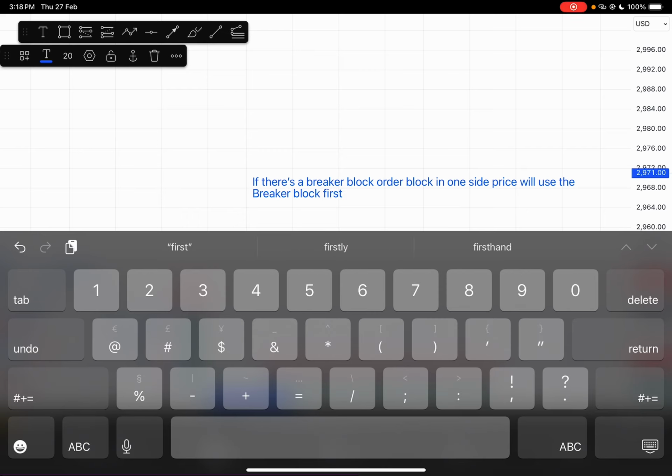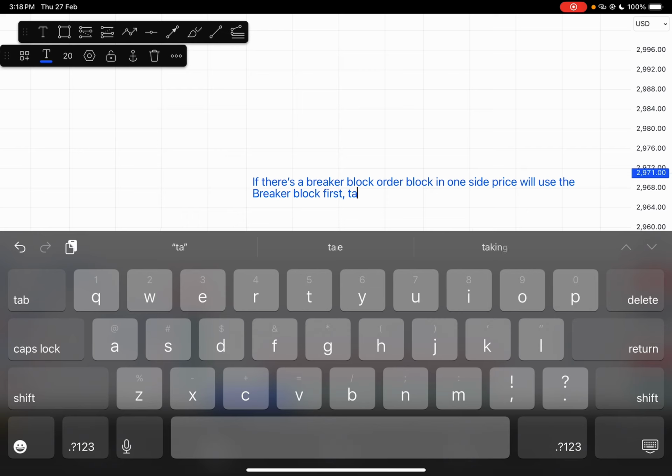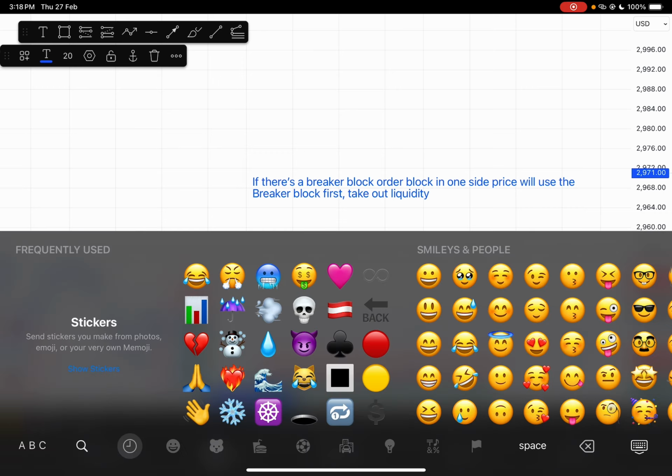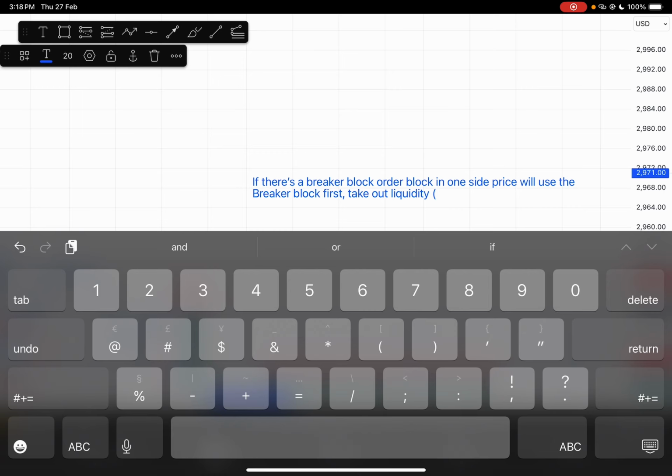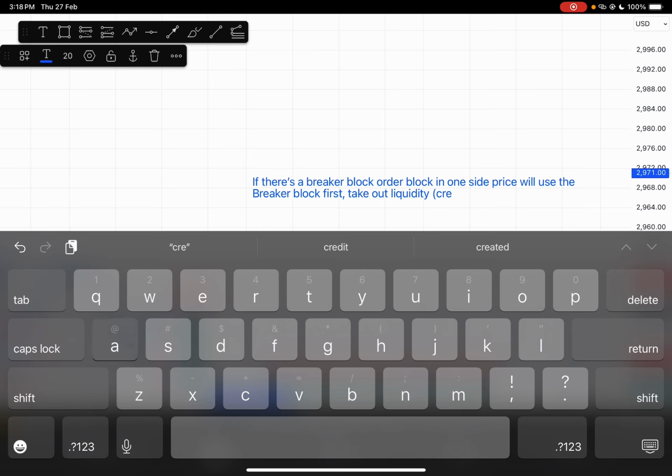Price will use the breaker block first. Take out liquidity, that's creating a break of structure.